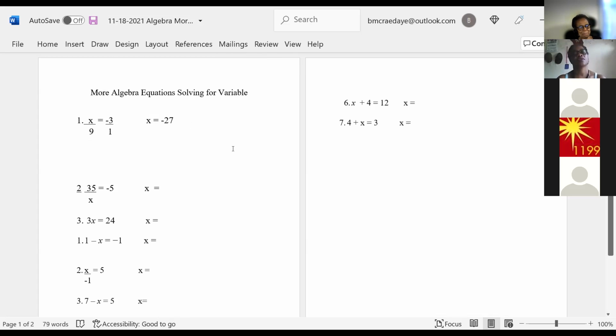Yes, you turn the 3 into a fraction. The minus 3 over 1 is the same as minus 3. Then she said you cross multiply. x times 1 is x. 9 times minus 3 is minus 27. Got it, Maureen? Yeah. So therefore, okay, the other one, number 2, now Maureen is going to solve that one.